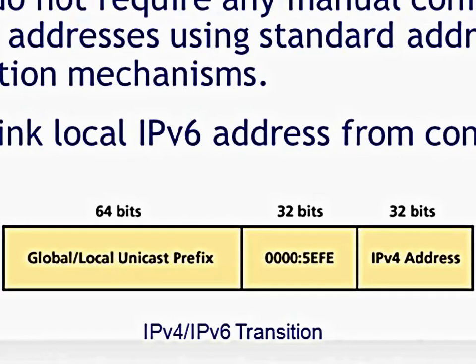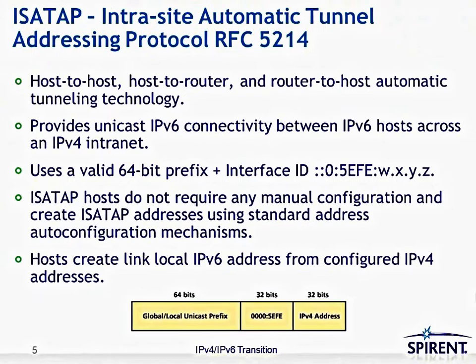It uses the next significant 32 bits with the value 0000:5EFE and the most significant 64 bits as the global or local unicast prefix. So as described in this slide, it can configure itself with at least a link-local IPv6 address, or if there's some automatic mechanism, either router advertisements that it can receive or a DHCPv6 server, it can configure its global unicast prefix that way.